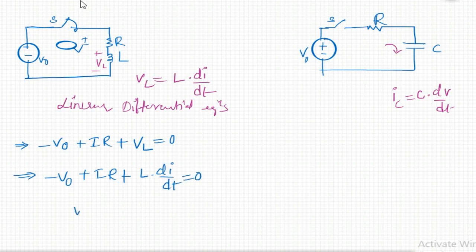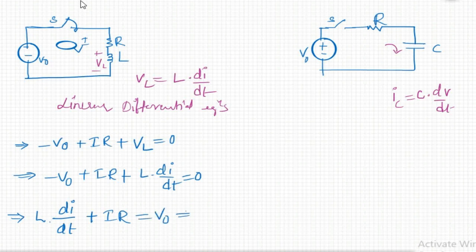Rearranging, we get L into di by dt plus IR equal to V naught.